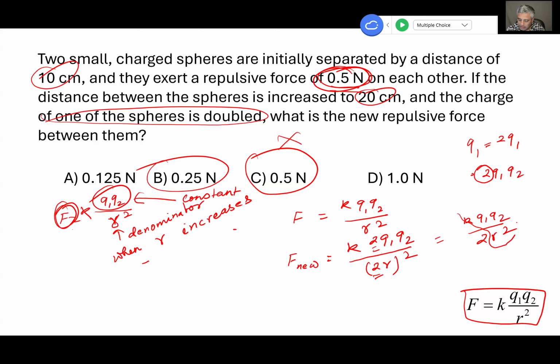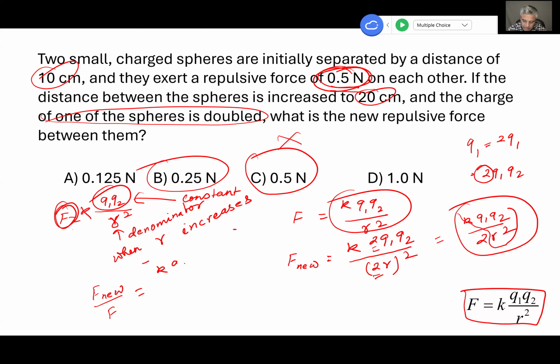So if you compare these, F new divided by F, you need to divide this by this. So it's going to be k q1 q2 over 2r squared, and dividing a fraction by a fraction, we can flip it. Now you see this cancels, and r squared cancels.